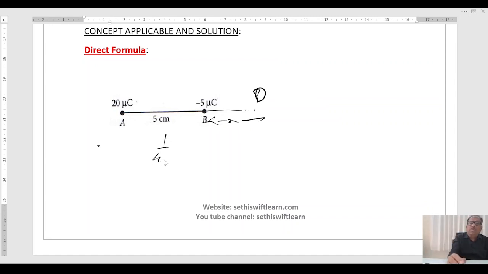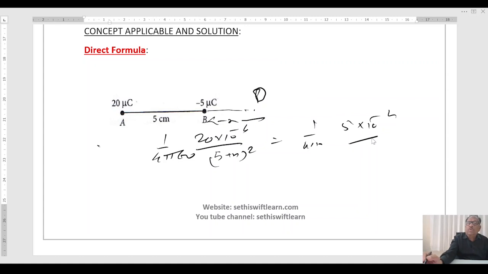So 1 over 4 pi epsilon naught times 20 into 10 to the minus 6 upon (5 plus x) whole square equals 1 over 4 pi epsilon naught times 5 into 10 to the minus 6 upon x whole square. The meter factor cancels, right? So this comes out to be 4 upon (5 plus x) whole square equal to 1 over x square.